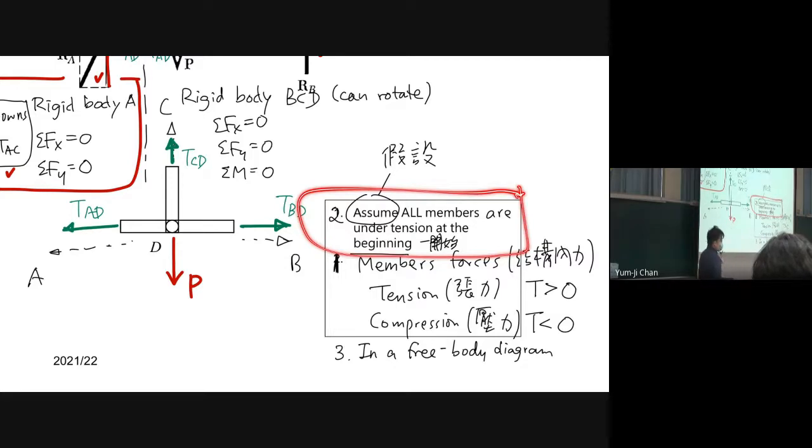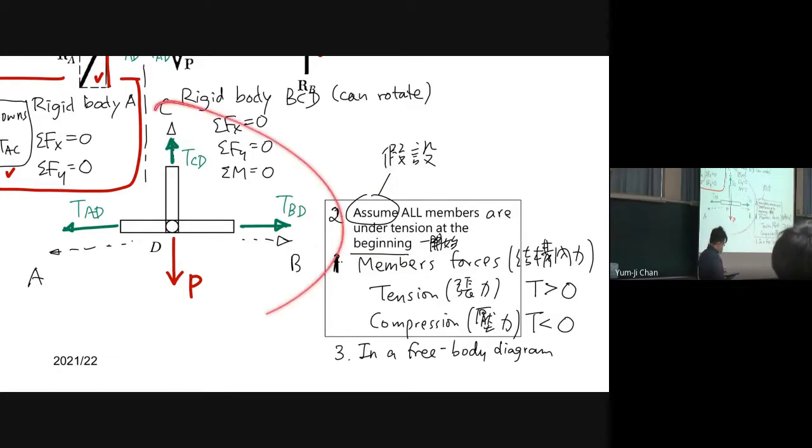To do this, it's very simple. In a free body diagram of a node, all these member forces are pointing away from the node.